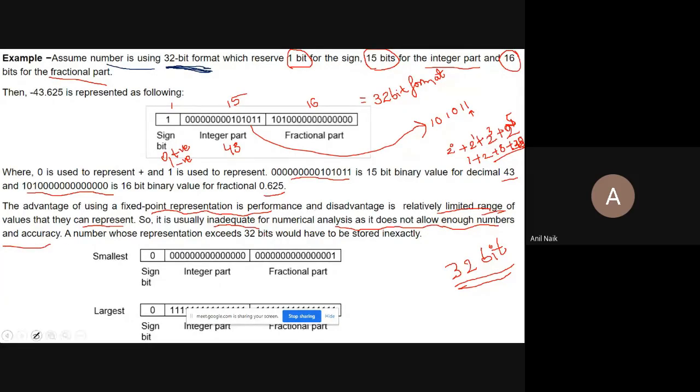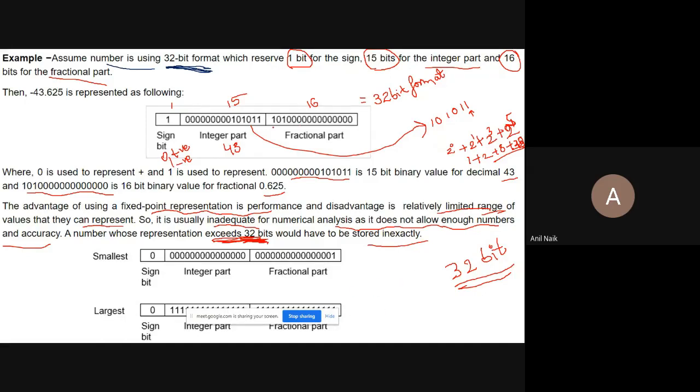If the number is very large, then it is difficult to accommodate it in a 32-bit format. If the number exceeds 32 bits, then it is stored inexactly, which means we need to neglect the extra bits.